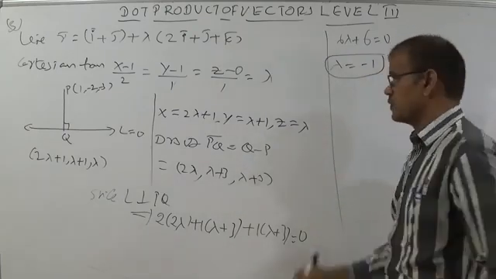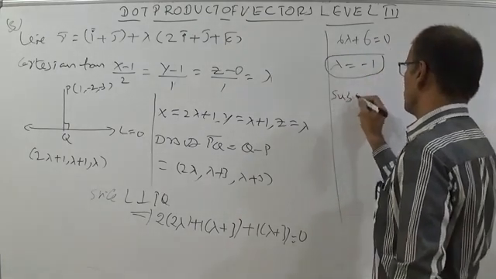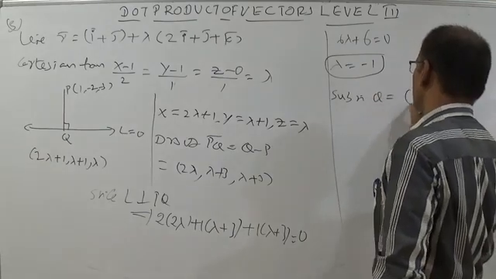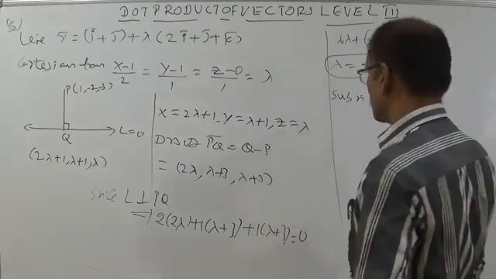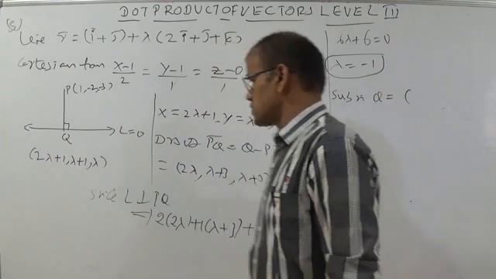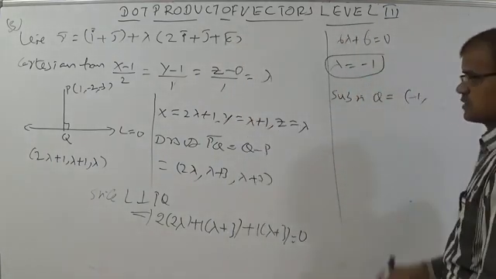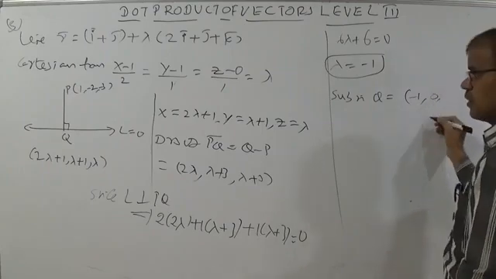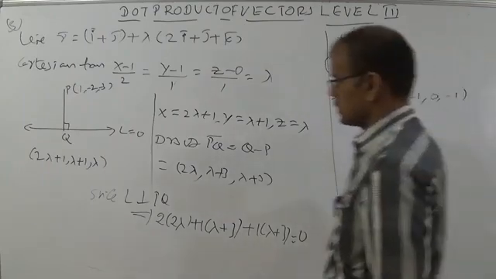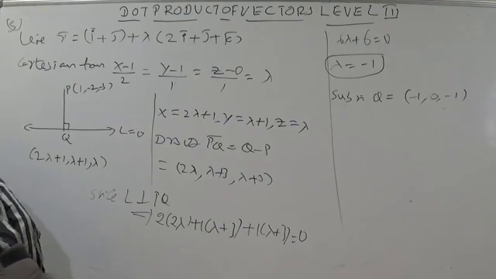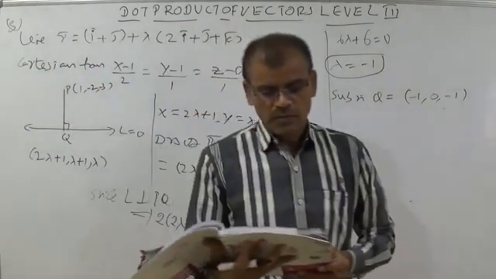Whenever we get the value lambda equal to minus 1, substitute in Q, and you will get the foot of the perpendicular. So 2 lambda plus 1 becomes minus 2 plus 1, so this is minus 1, this is 0, and this is minus 1. Let us see the option minus 1 comma 0 comma minus 1.